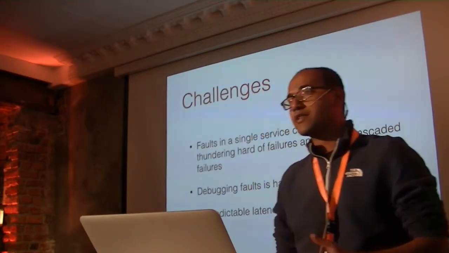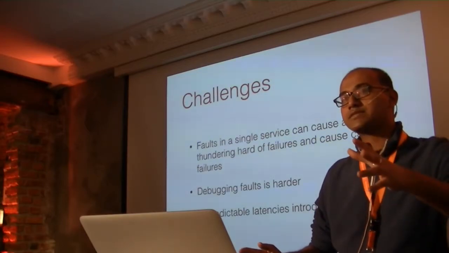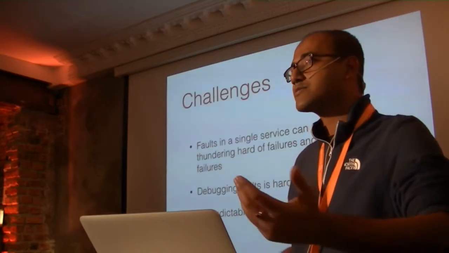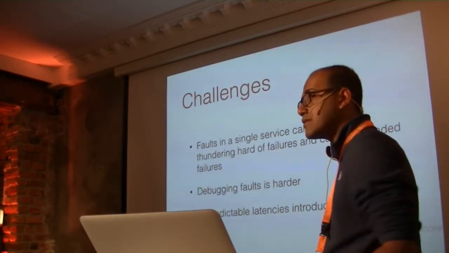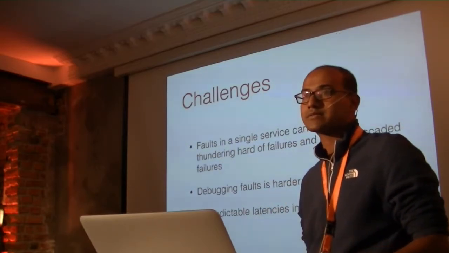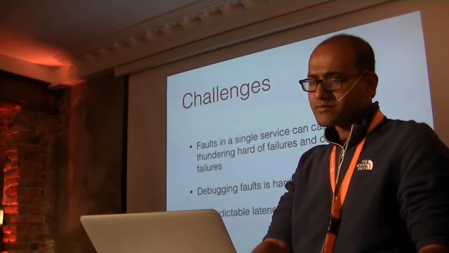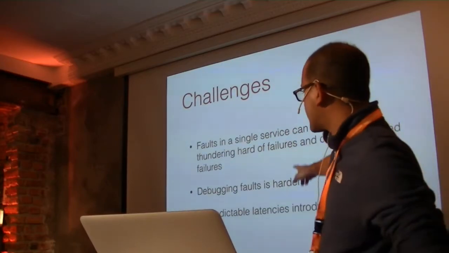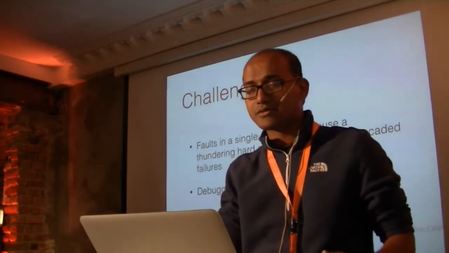So if you have 100 machines, you won't know at what stage each of these servers is doing garbage collection. If you have a service which has a heap of 32 or 36 GB, you should probably see 100 milliseconds or 150 milliseconds of garbage collection time. So that introduces unpredictable latencies. For all these things that I have talked about, there are solutions. We'll see what the solutions are.